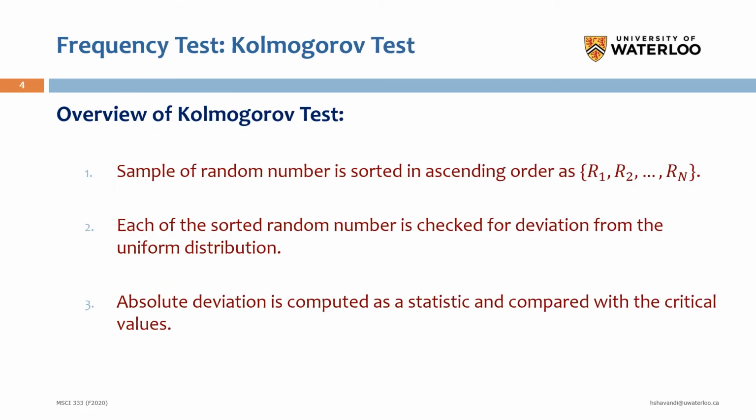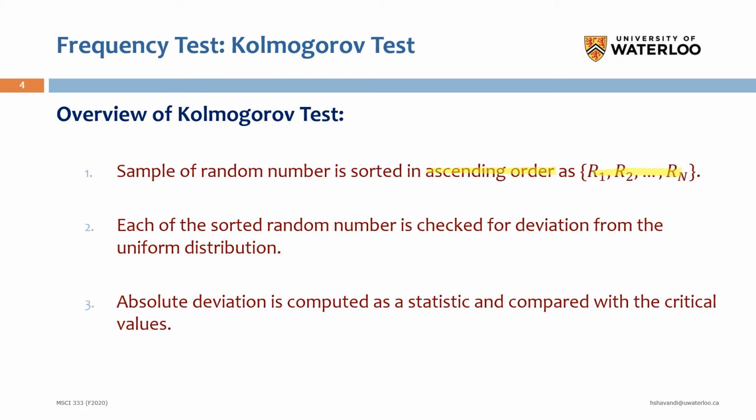The first method is the Kolmogorov test, or KS test, for uniformity. In this test, at first we sort the random numbers in ascending order, so R1, R2 to Rn are in ascending order.